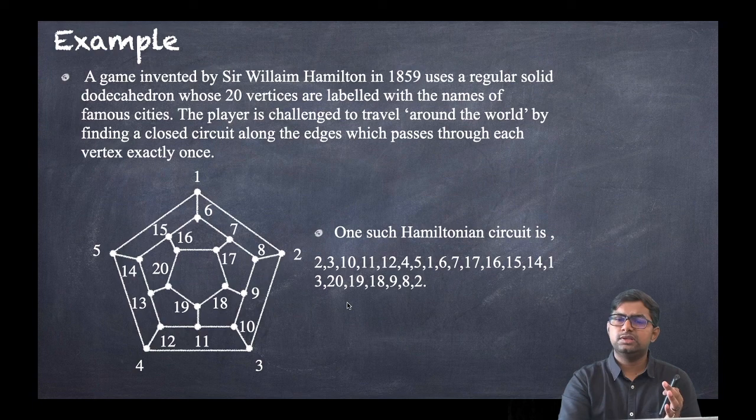So this is one such Hamiltonian circuit. There can be a different circuit. Fine. So this is a good example.